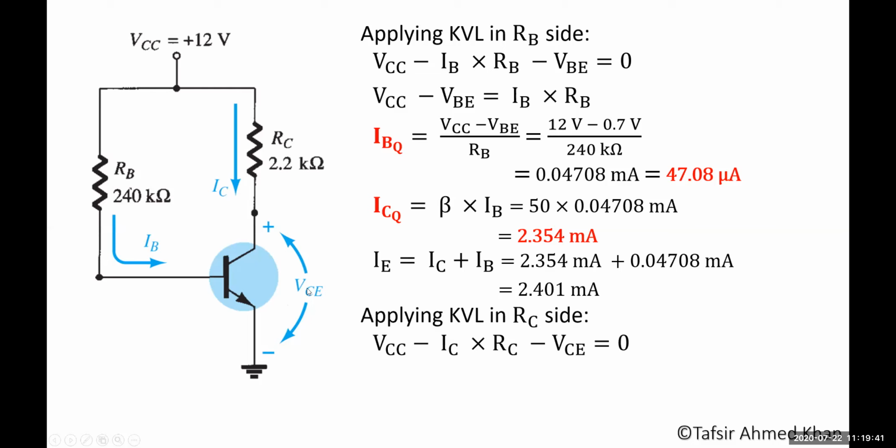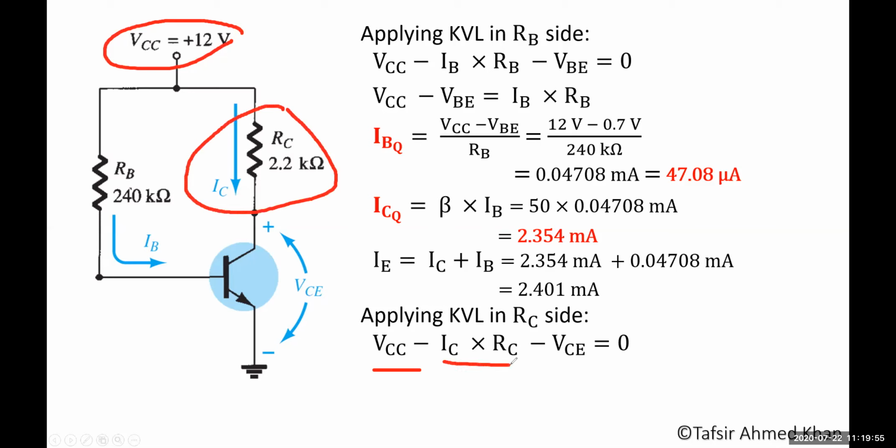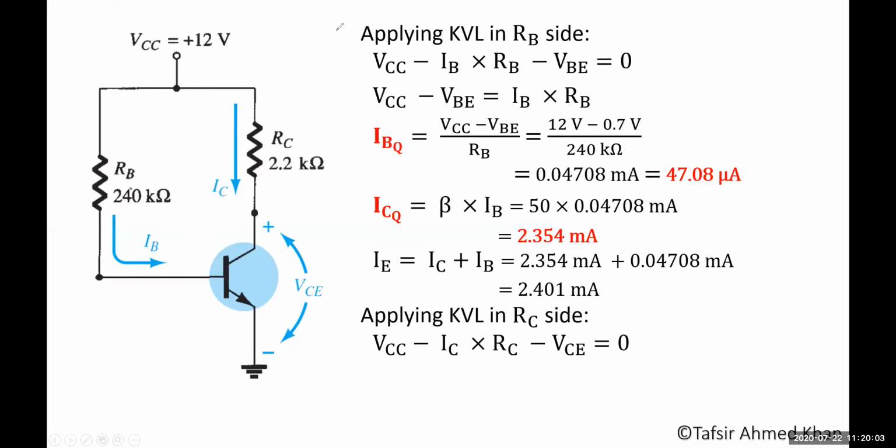Now for VCE, apply a KVL in this side. Okay. So what you have: VCC, then you have minus ICRC, then you have VCE, then you have 0. This is the KVL. So unknown thing is VCE, take that on the other side.